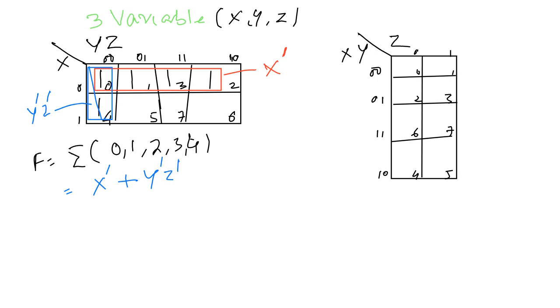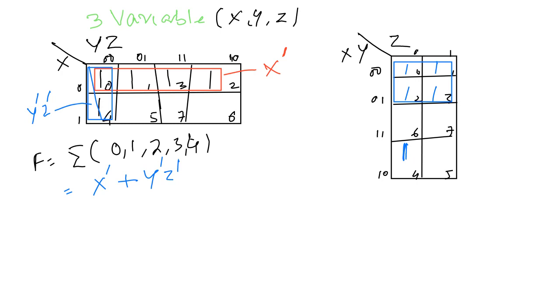Now I will use the same thing for this table. What are the variables? 0, 1, 2, 3, and 4. So what we can do is take, for example, four of them together. Okay.